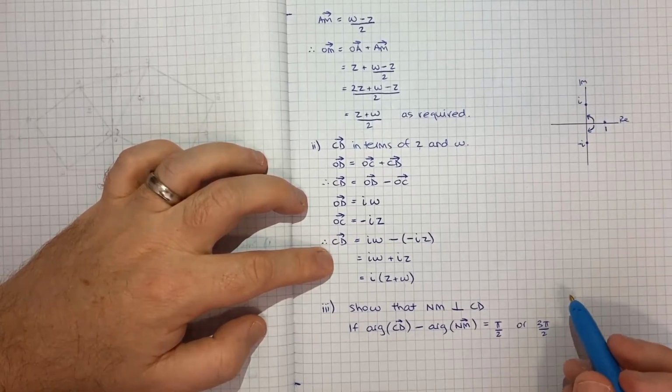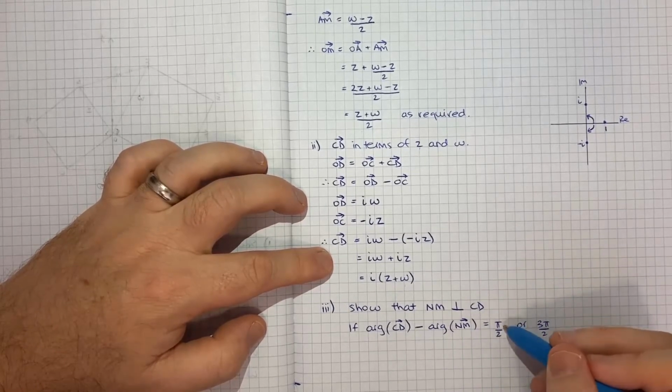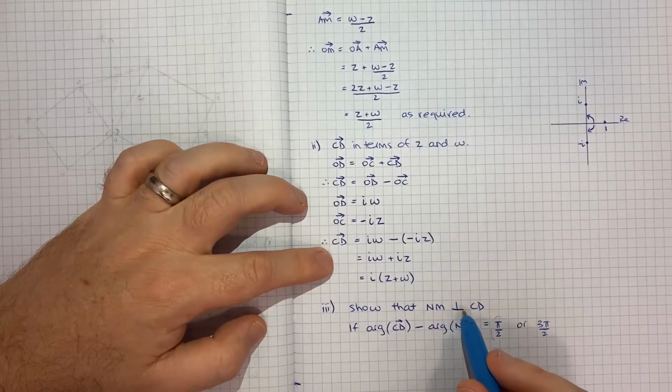So if we can find the difference of these two arguments, and see that it's equal to pi on 2 or 3 pi on 2, then we've got our proof.